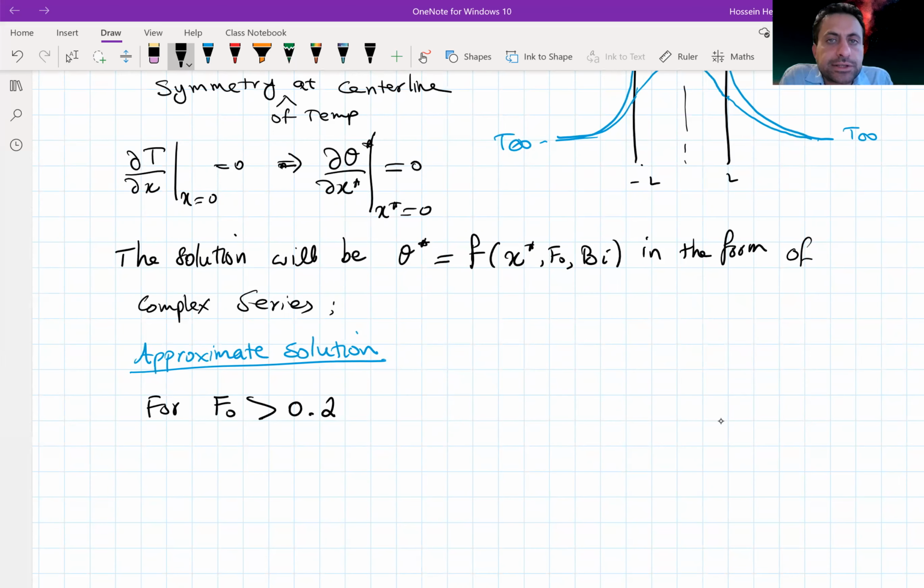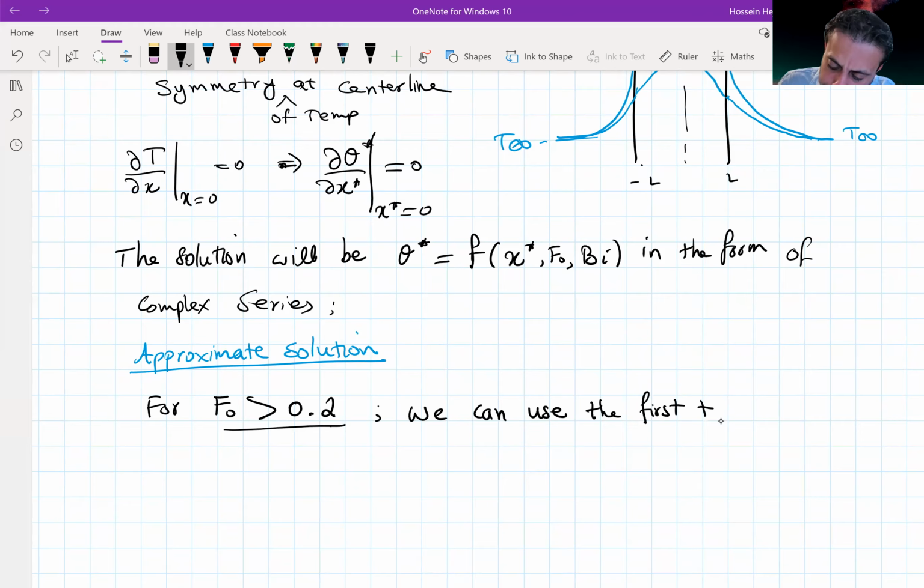Fourier is a dimensionless time, so it means for a time not close to 0, slightly above that, where the dimensionless time would be 0.2, we can use the first term of the series only as a good approximation.